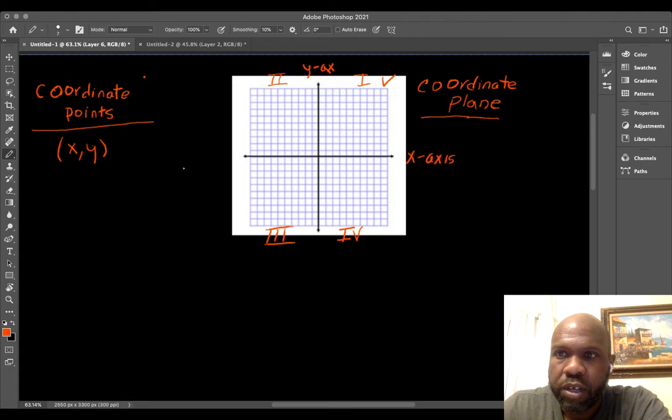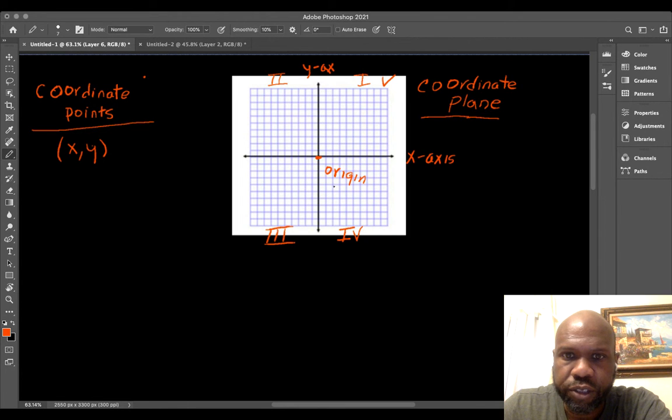Let's talk about a couple of things inside this coordinate plane. Number one is the point in the middle. That is called the origin. I'm going fast here because I think most people know this, but just to make sure.